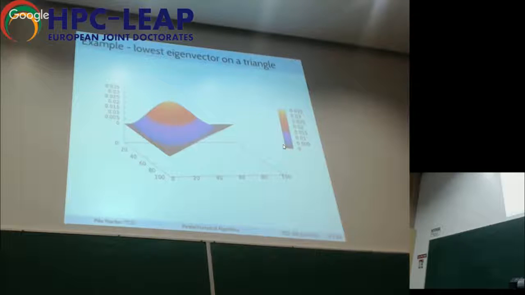We pin down the edges, so the displacement is 0 along the three edges of our triangle. Then we can use this technique to find the lowest eigenvectors. This is the lowest resonant mode of this drum skin, just the bulk oscillation up and down. Okay, just to show it in action.